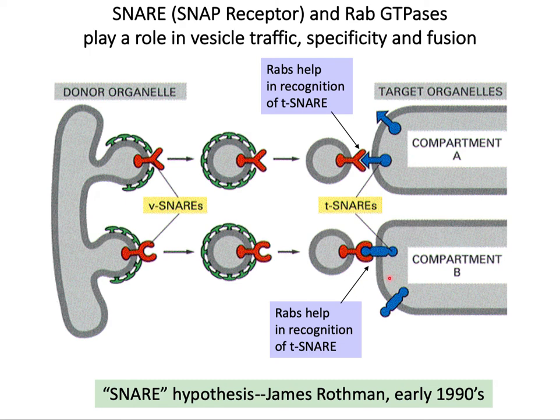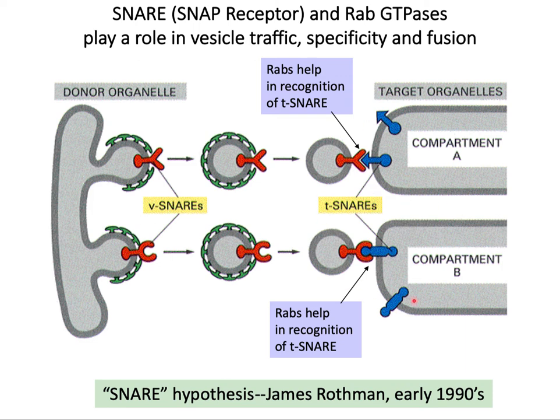So this is what confers the specificity, because there are specific V-SNAREs and T-SNAREs. Depending upon where the transport vesicle is supposed to go in the cell, it will pick up a specific V-SNARE, which can only bind to the T-SNARE on its target compartment. It is almost like a lock and key.